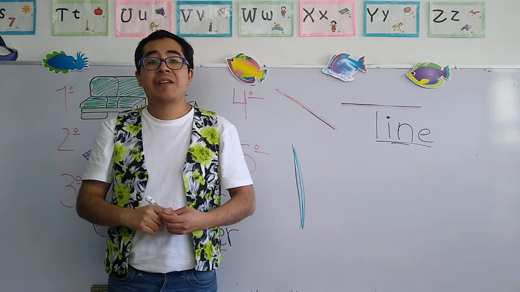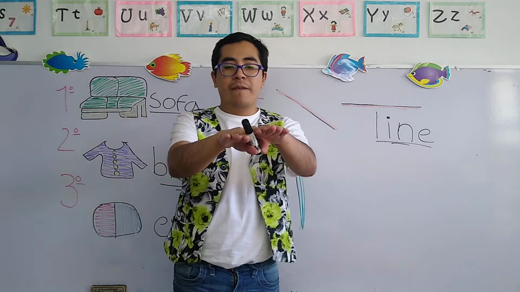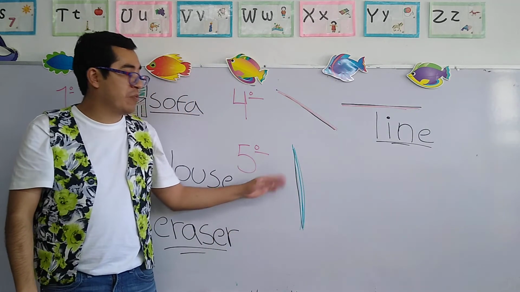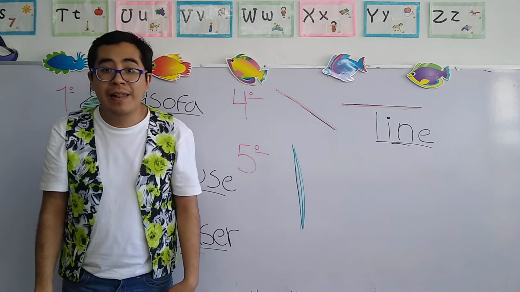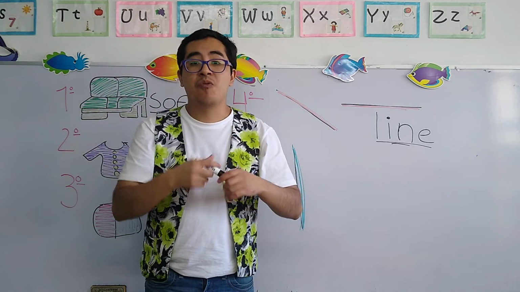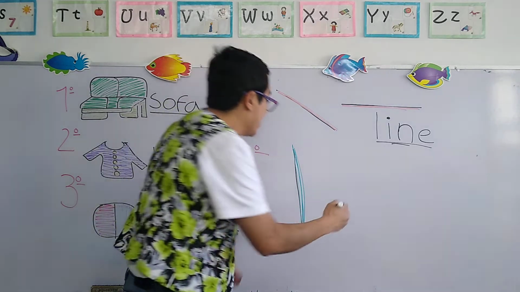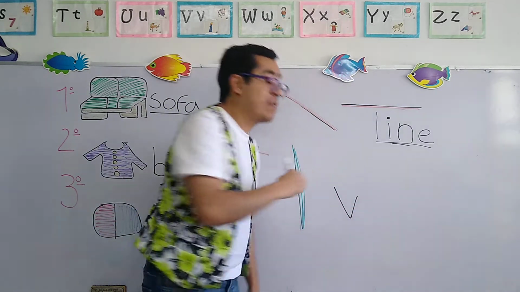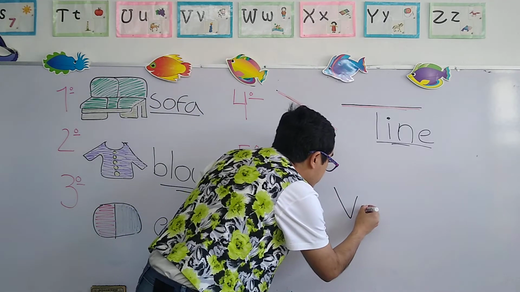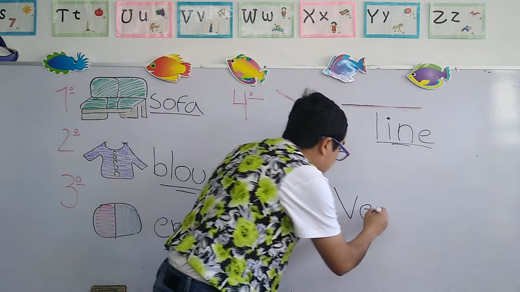Remember, once again, we have 3 types of lines: inclined line, horizontal line, and finally the 5th word, which is vertical line. Now, what are the letters that the teacher needs to write the word vertical? V, excellent. The word for vase. Letter E. Letter R, excellent.